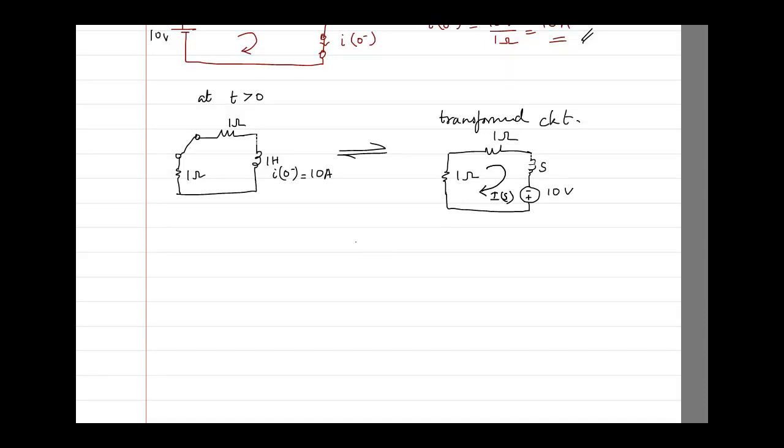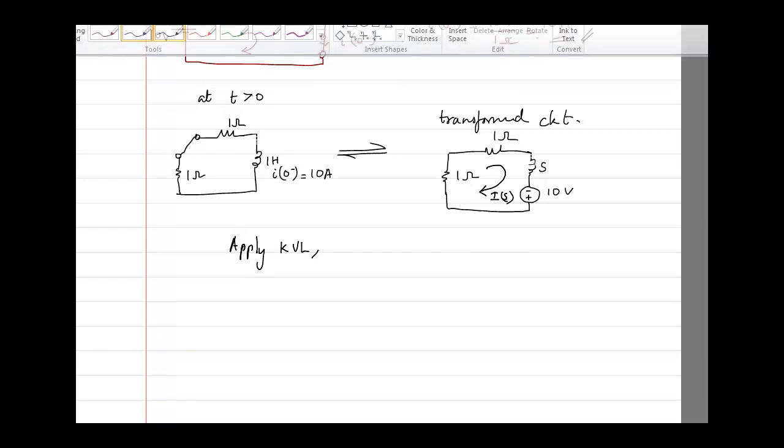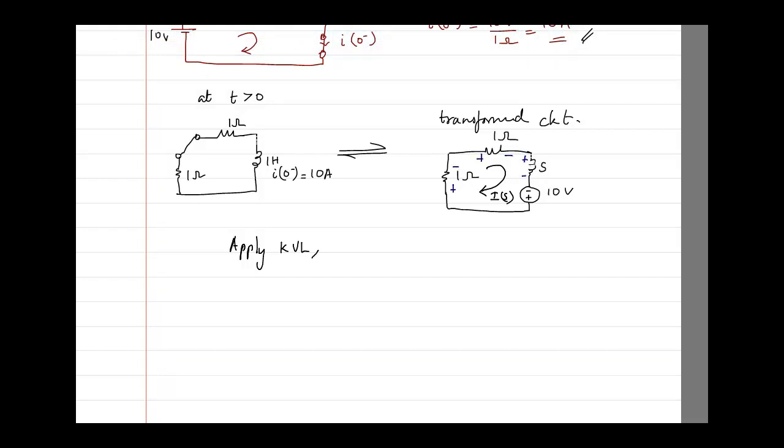How can I find I? Apply KVL. This current is going from here to here, so plus minus, and this is also plus minus.